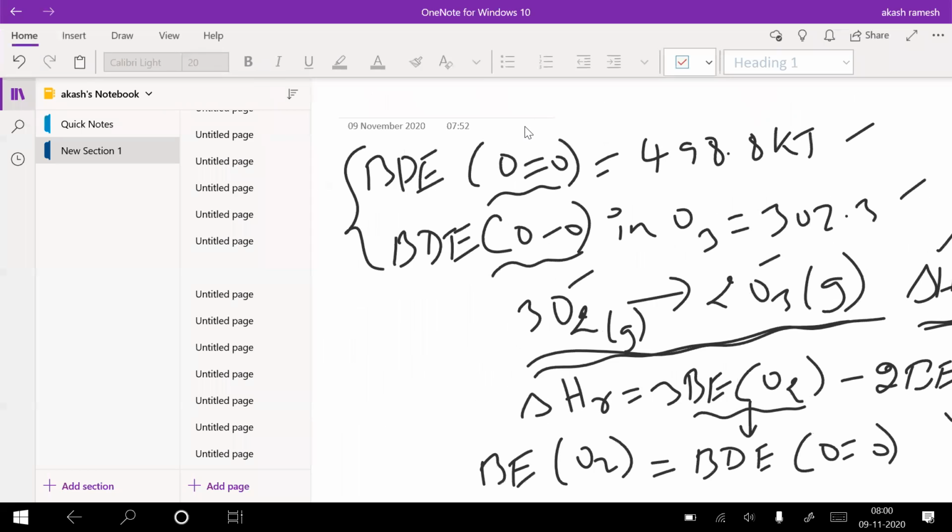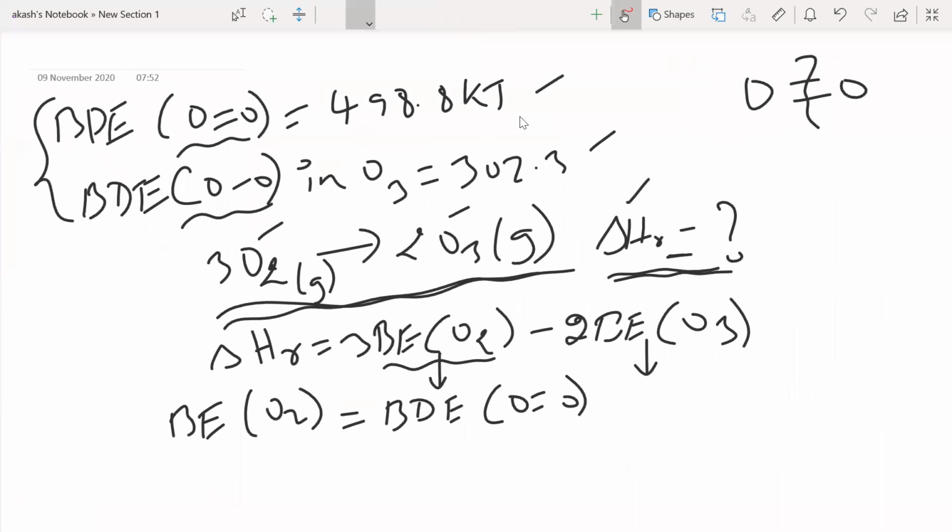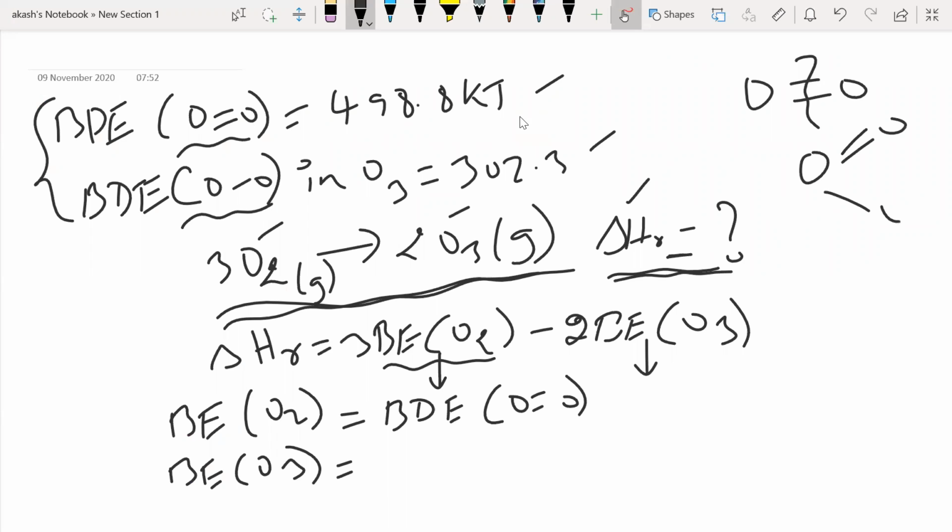Okay, now I'm going to ask someone specific. Abhishek, are you there? Put it in the chat box. Yes, you're there. Cool. So I'm asking you for bond enthalpy of ozone, how will you write it in terms of bond dissociation enthalpies? If you want the structure of ozone, this is it.